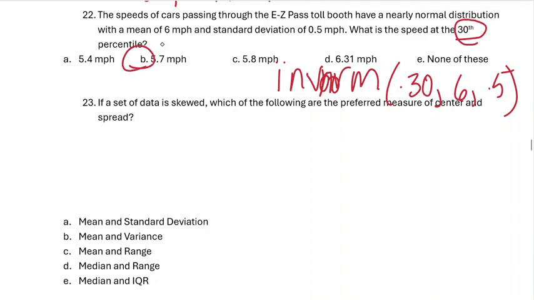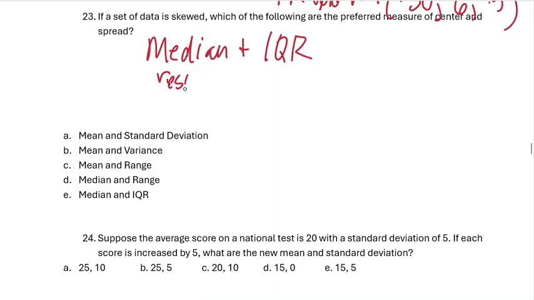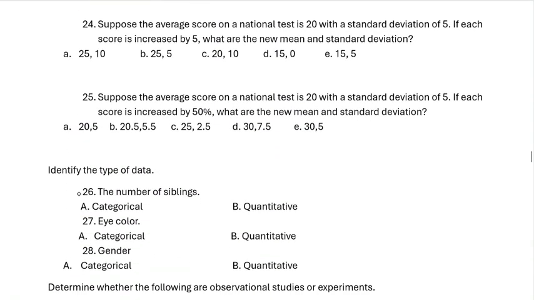5.73. If the data is skewed, which of the following are the preferred measure of center and spread? If data is skewed or has outliers, you have to use median and IQR because the median is resistant. Okay, the median is in the middle, so it's not going to be affected by those extreme values.